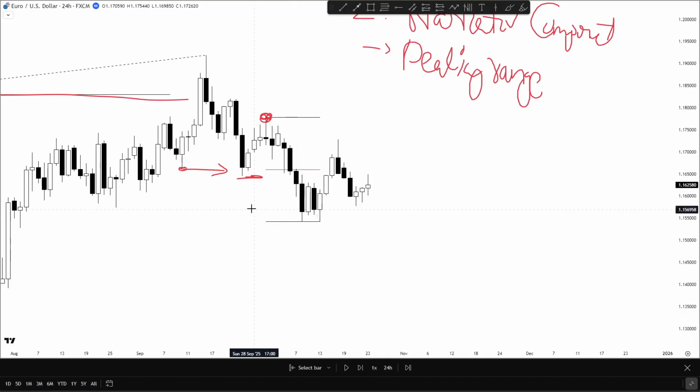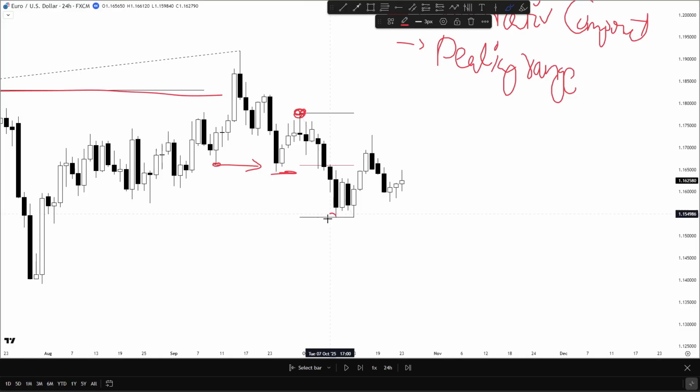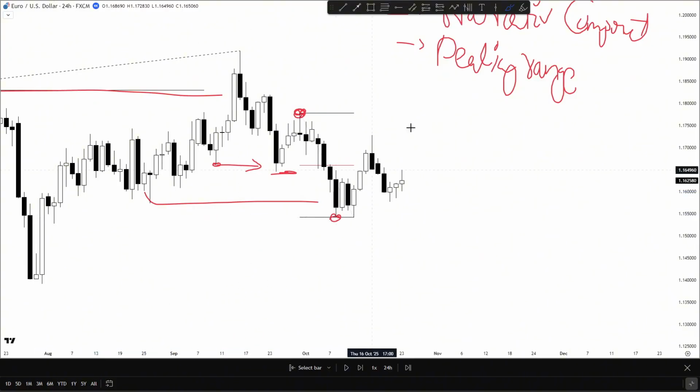And the significant low we have in this case is this low. The logic behind this low being a key low or a significant low is that not only did it react to a key level in the form of taking out this low, or you could say it purged liquidity, but along with that, we also had an SMT with DXY.